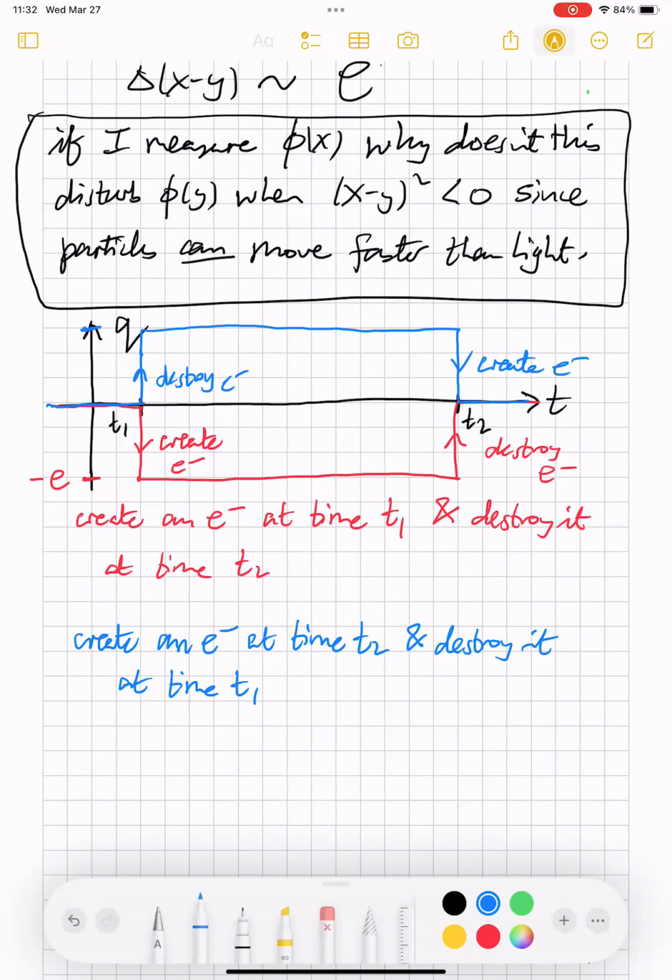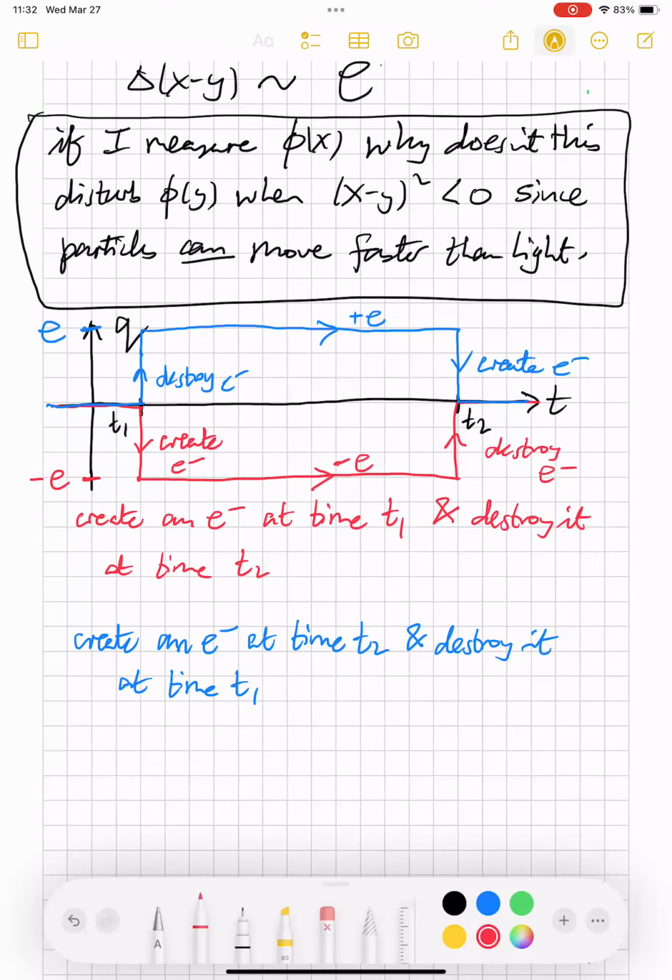And this is, of course, E. So what does it look like? When I create the electron, and at some later time I destroy it, it looks like a particle propagating with a charge of minus E. When I destroy the electron before I've created it, it also looks like a particle propagating, but now the particle has a charge of plus E and not a charge of minus E.